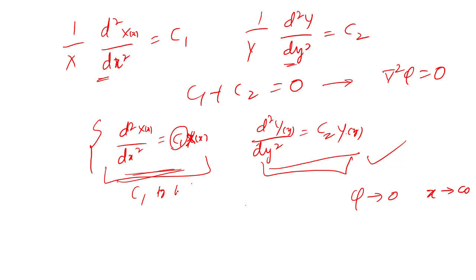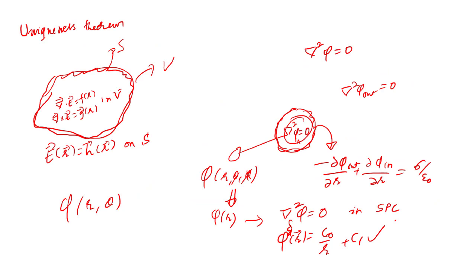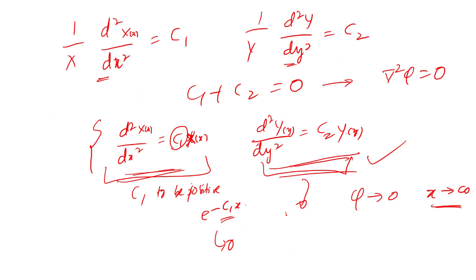My apologies. We'll choose C1 to be positive so that we can have a solution that looks like e to the power minus C1x. So as x goes to infinity, this would go to 0. And for this, we can choose a sine or a cosine solution.